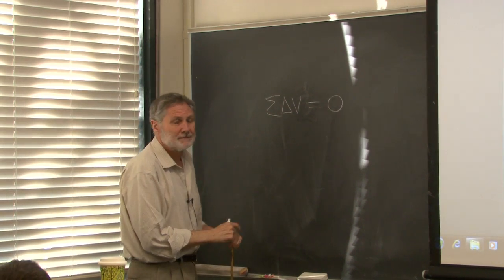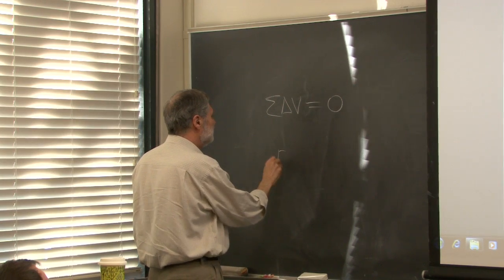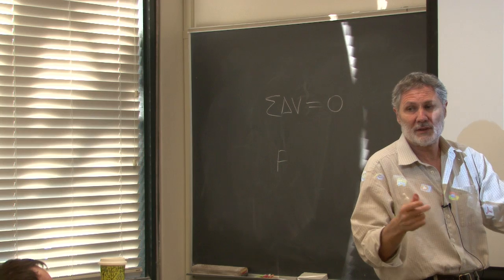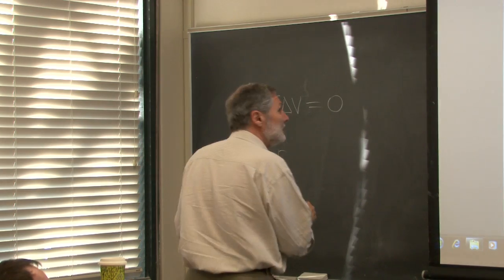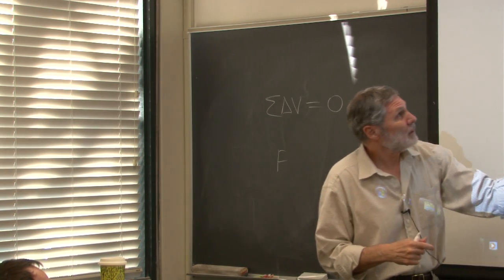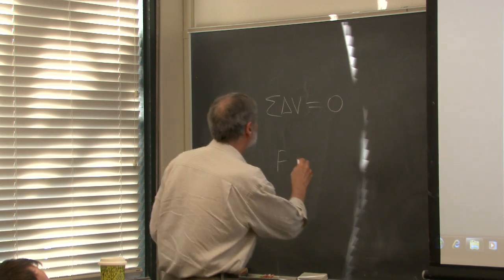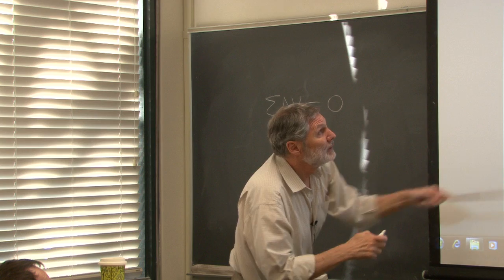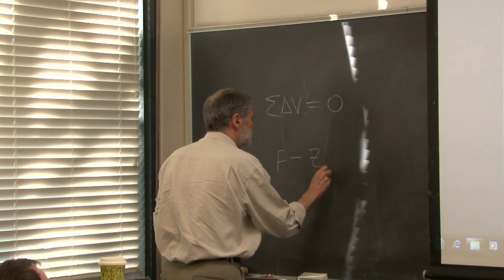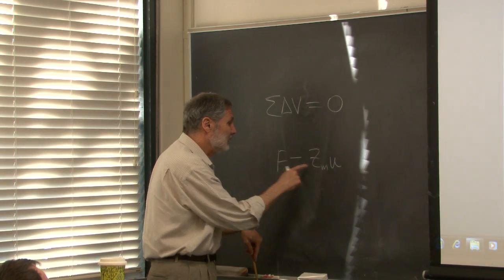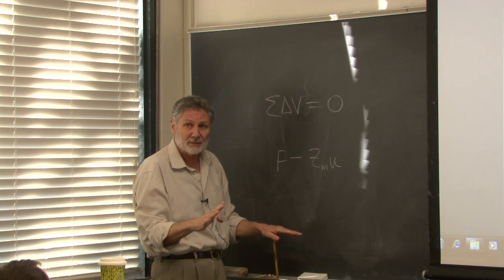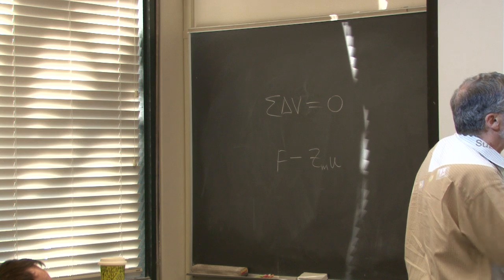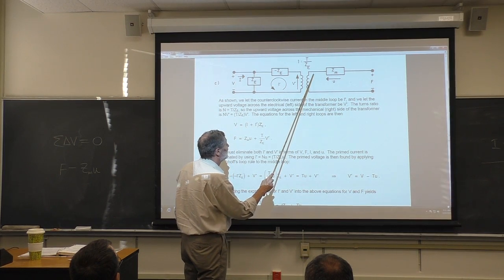So I get F. F can be positive. When F is positive, I do get an increase. When it's negative, it's negative. So it works for both signs. And then what happens here? Well, here I'm going in the direction of the current, so I'm going to lose. It's going to be a voltage drop for a positive U. So it's going to be ZMU. And of course, if U happens to be negative, it's going to change the sign. So everything works out. It's general. Then when I go here, there's a voltage going up this way.